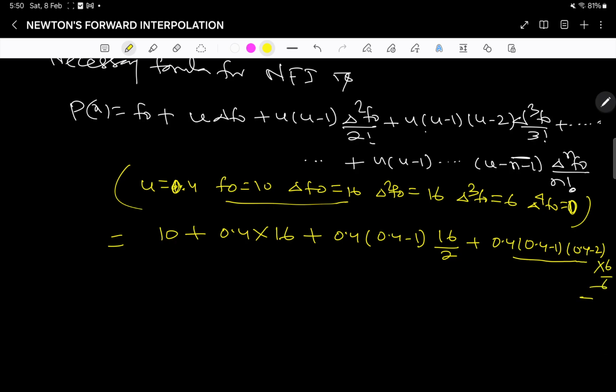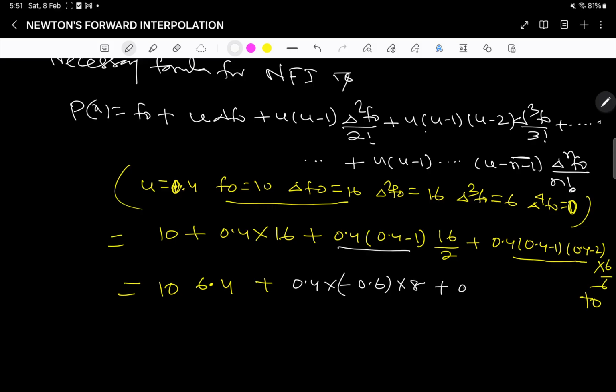Okay, next is 0, so now I just simplify it, and it will be 10, it is 6.4 plus, and likewise I calculate it. After calculations, let me calculate. It is 0.4 into minus 0.6 into 8.